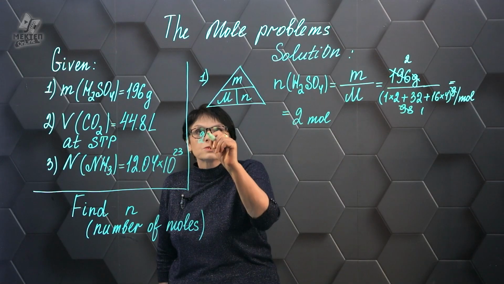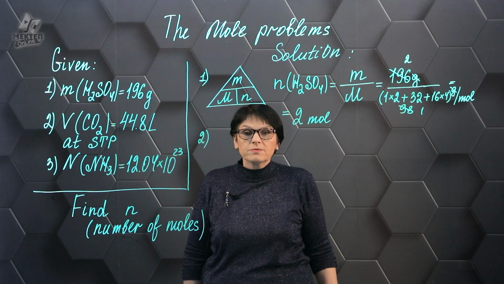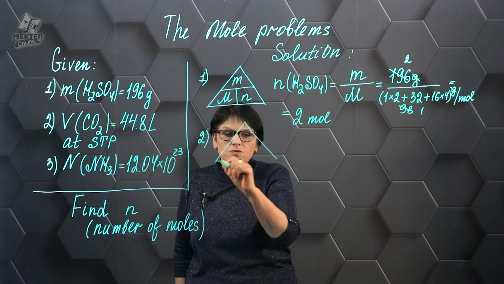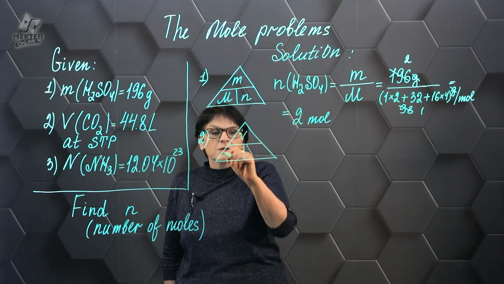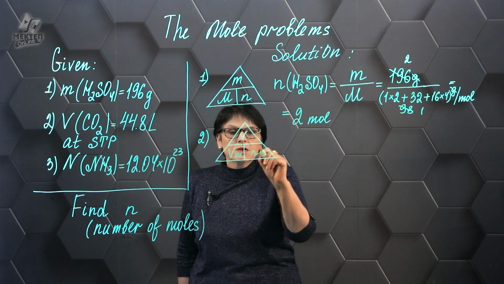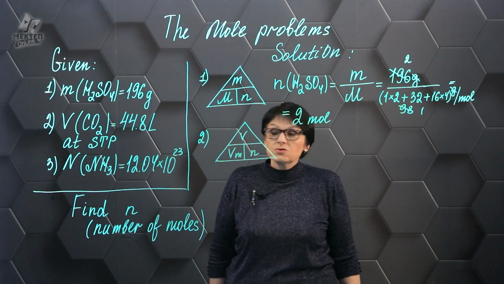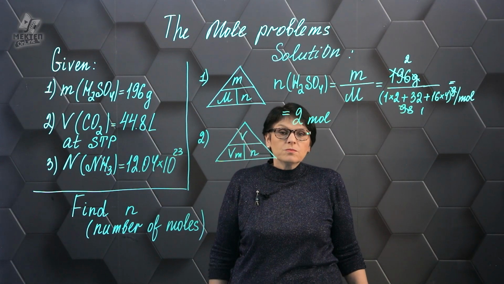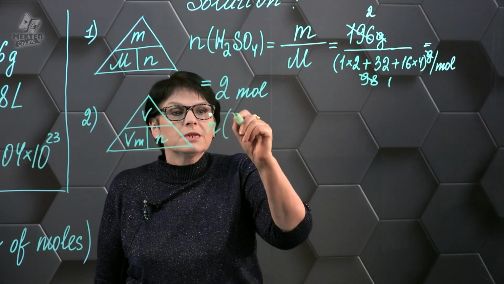Next, we need to find the amount of substance for the proposed volume. Let's see how the formula works in this case. What we have here is a formula that includes volume, the molar volume and the amount of matter, and since the conditions are normal, that is, at a certain pressure and temperature, the molar volume is a constant. So how do we find the moles for carbon dioxide?